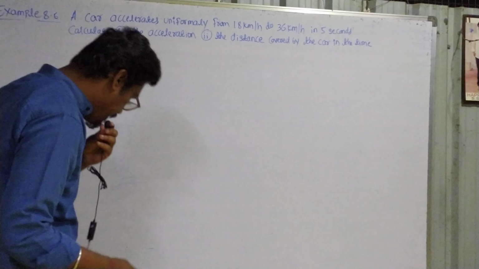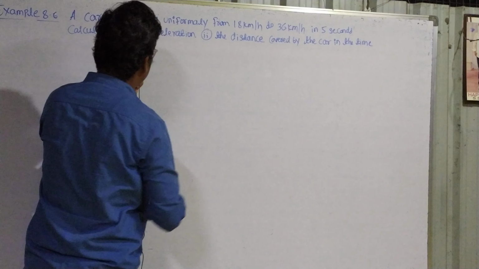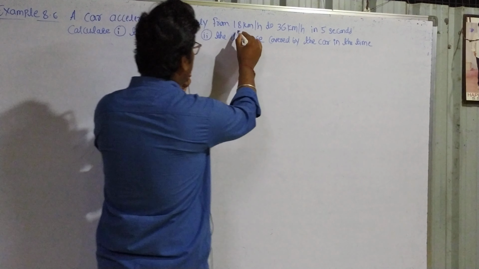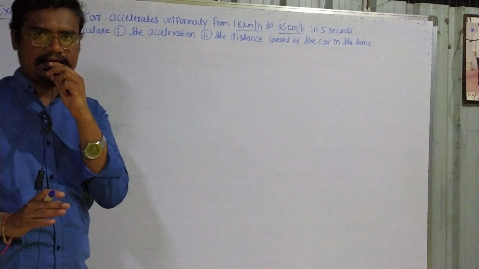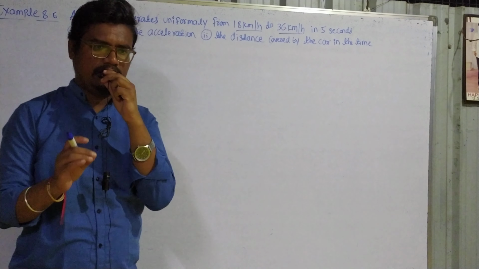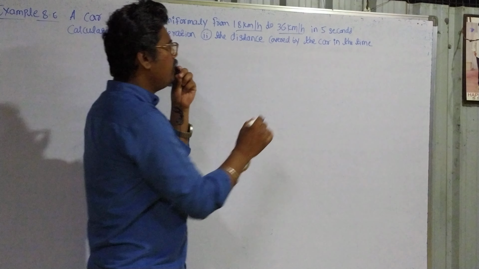So the numerical is here. A car is moving uniformly, accelerating from 18 km per hour to 36 km per hour within 5 seconds.